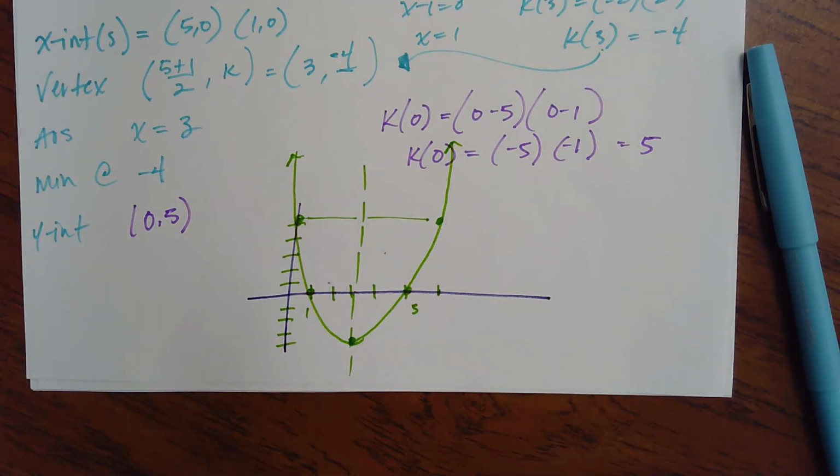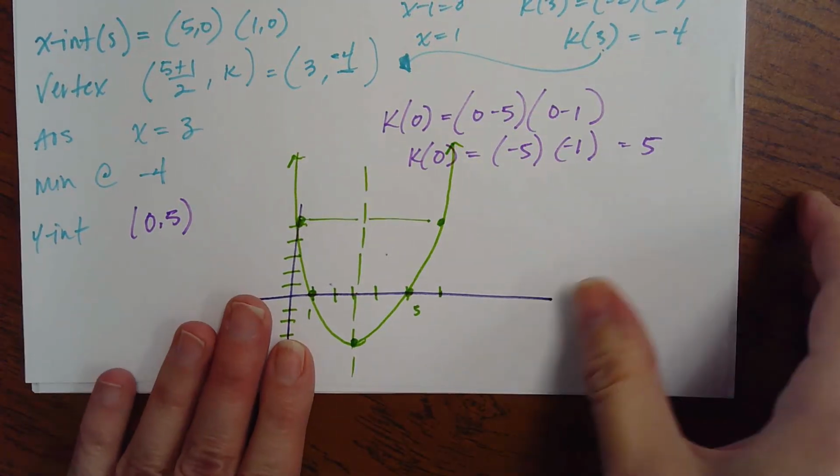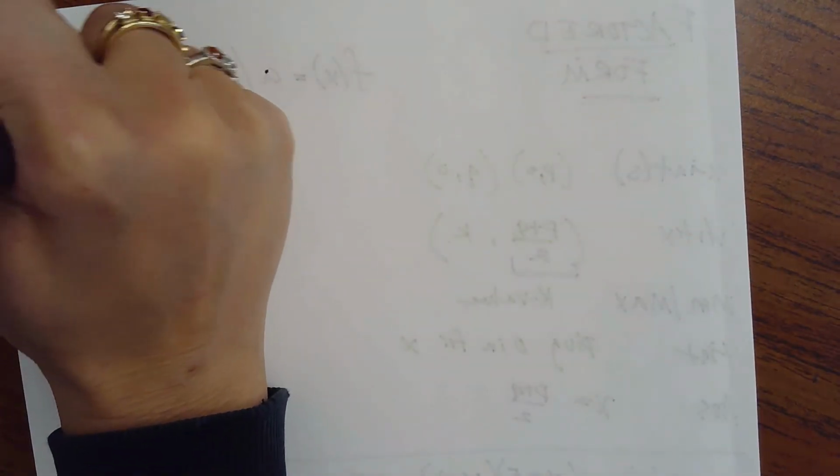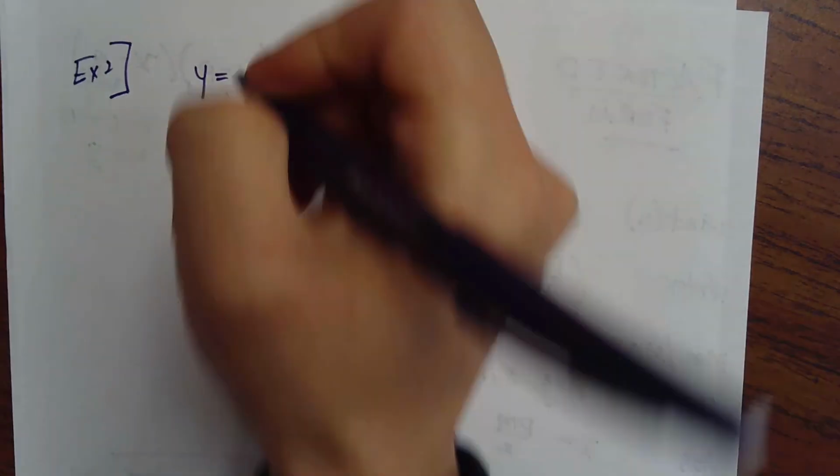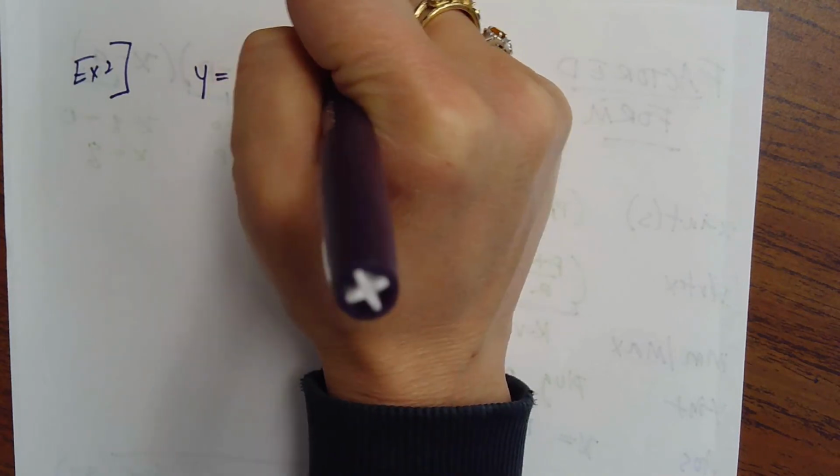All right, last but not least, let's do one last example with factored form. y equals negative 4, and let's do x minus 3, x minus 1.